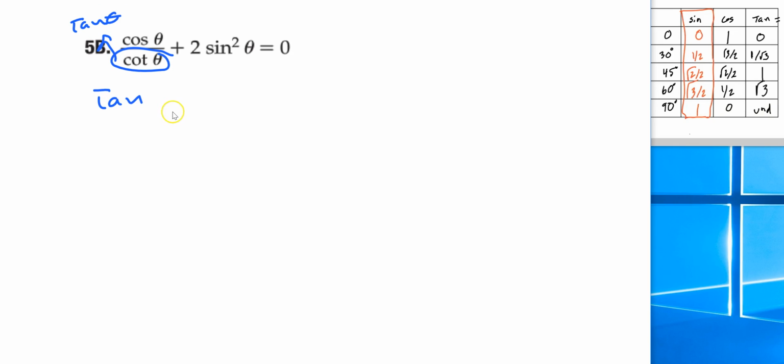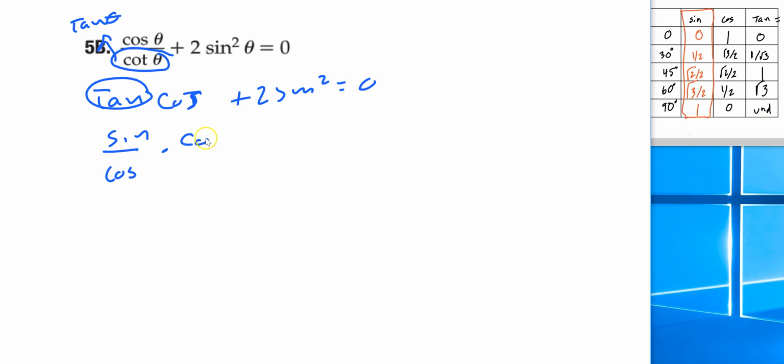I got 10 cotan plus 2 sine squared equals 0. Cosine, sorry about that. Tan is sine over cosine. And we already have a cosine. These cancel, I just get sine plus 2 sine theta equals 0.